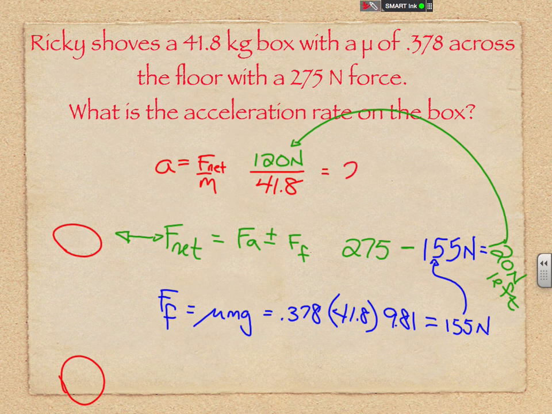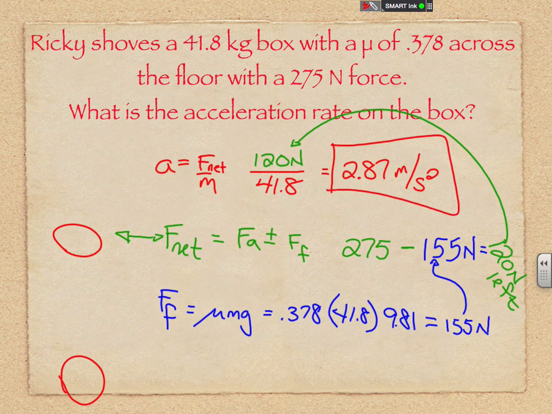And there we're going to get 2.87 meters per second squared, which would be a much better unit for acceleration. And of course I rounded it off to 3 numbers because that's what this one and this one and this one all have.